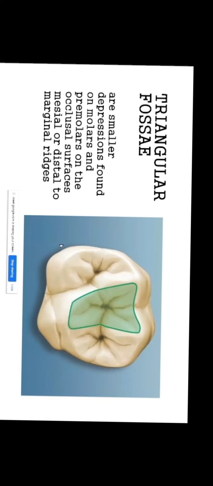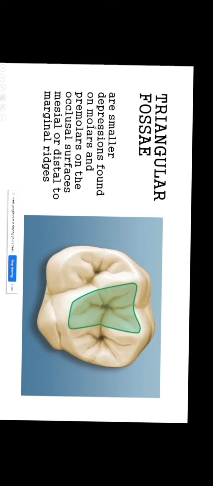Triangular fossae are smaller depressions found on molars and premolars on the occlusal surfaces, mesial or distal to the marginal ridges. This means triangular fossae can only be found on posterior teeth. This one is the central fossa. Remember, previously, this is the central fossa.